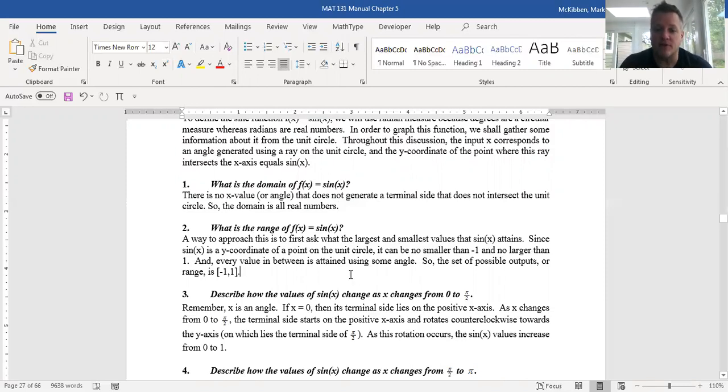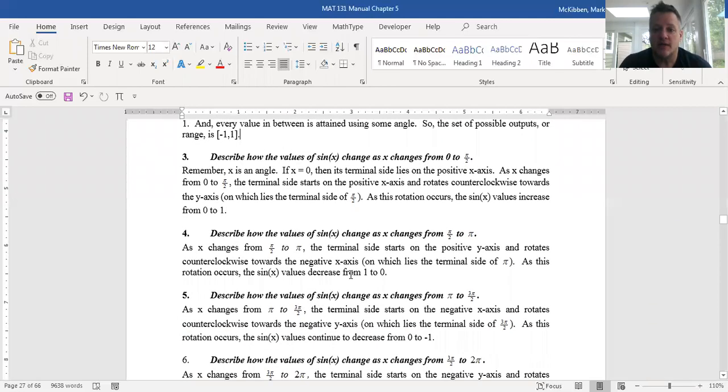All right, so now we have to use an analysis of the circle as the y-coordinate of the points changes. As the angle changes from 0 to pi over 2, it starts here and goes up to pi over 2. At 0, the y value is 0, right? Because the point is on the x-axis.